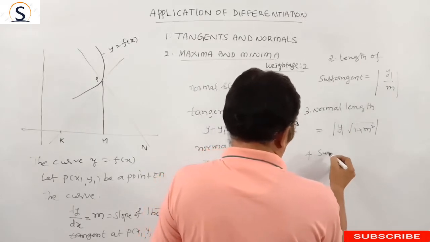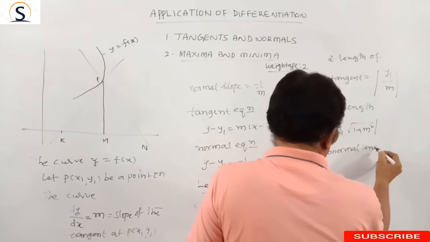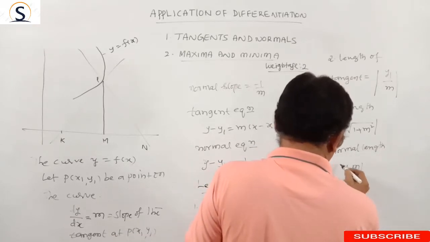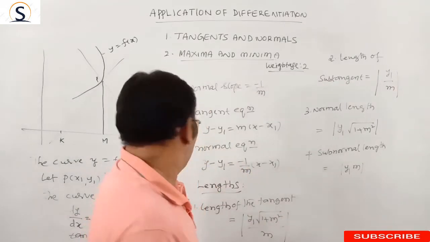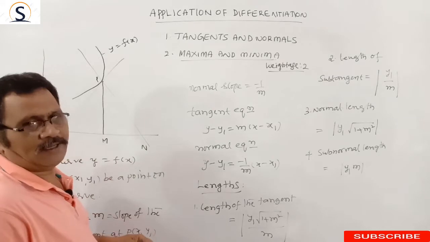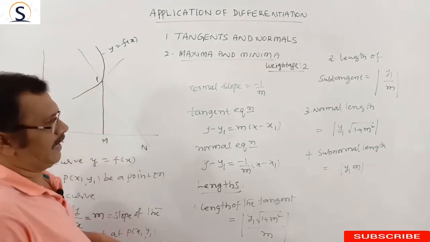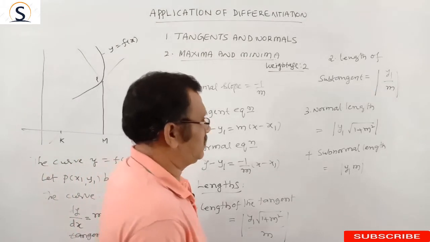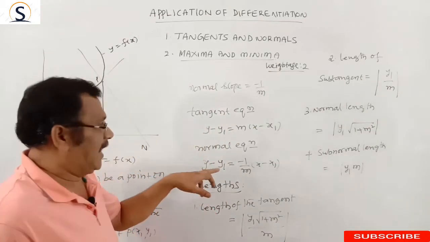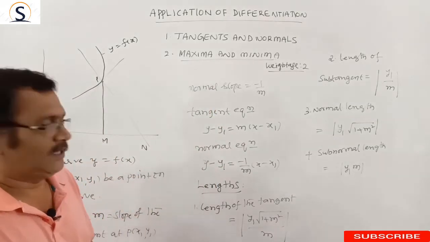Next, subnormal length is equal to y1 into m. You know, subnormal is MN, normal is PN, and tangent is PK and subtangent is KM. So these are the length formulas. Just remember these four formulas, and the tangent normal equation and the slope of the tangent.